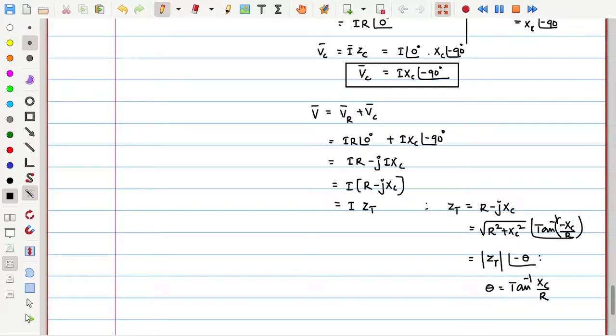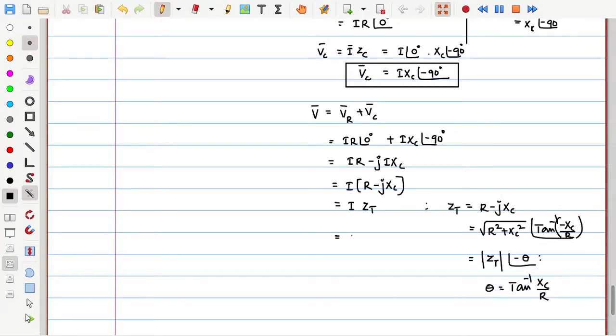So out of this tan inverse, if minus is coming out, it becomes minus tan inverse XC by R, where that tan inverse XC by R we can consider as theta. This theta is different from RL circuit theta. Don't compare this theta with that. So if you are in RC circuit, now we are talking everything about the RC circuit only.